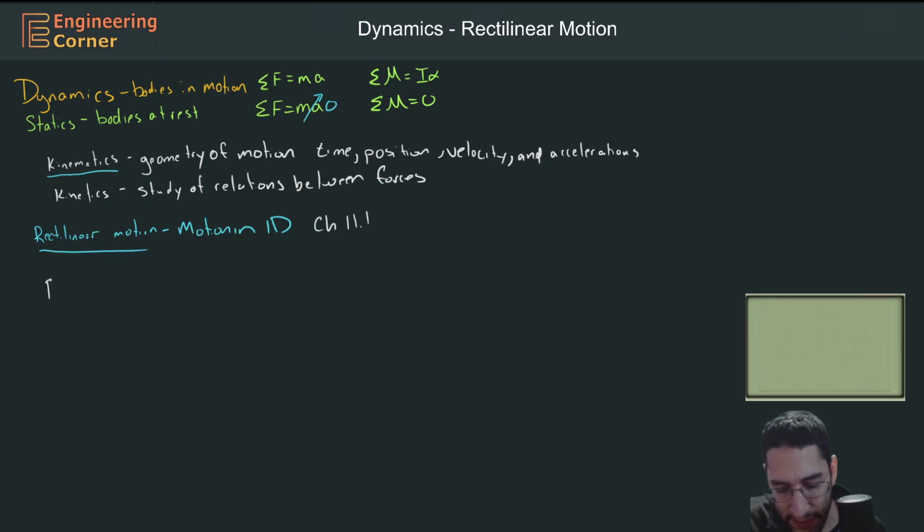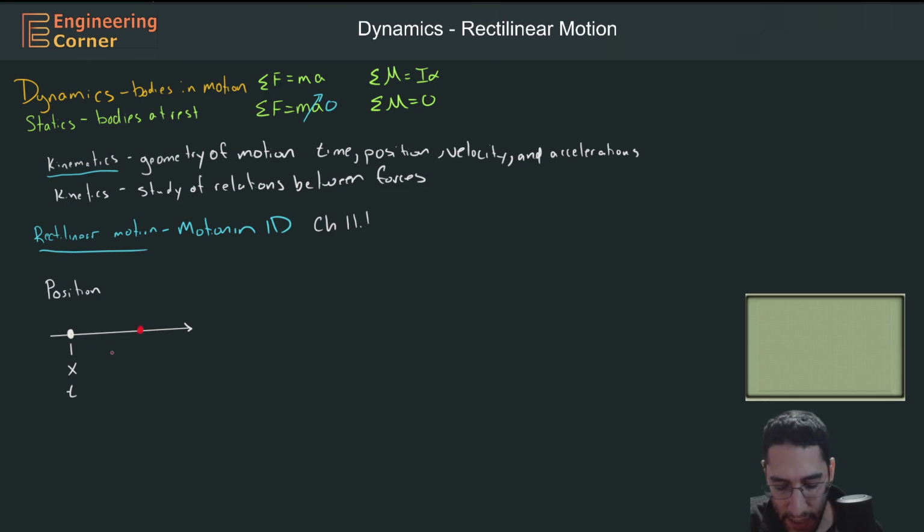So if we have a position, what we have is a position in space. So if I have a position and at time 0, I'm at this point right here. So this is some position x at some time t. Now, some time is going to pass, and I'm going to move to this new position.